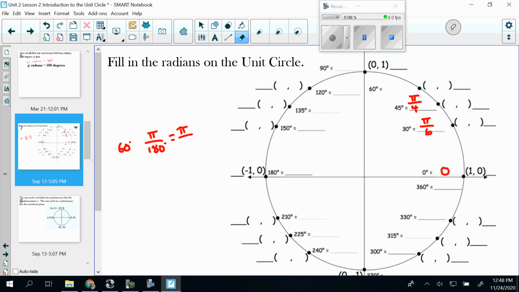Well, that would be 3 times. So 60 degrees is the same as pi over 3. What about 90 degrees? If we have 90 over 180, that's the same as pi over 2.